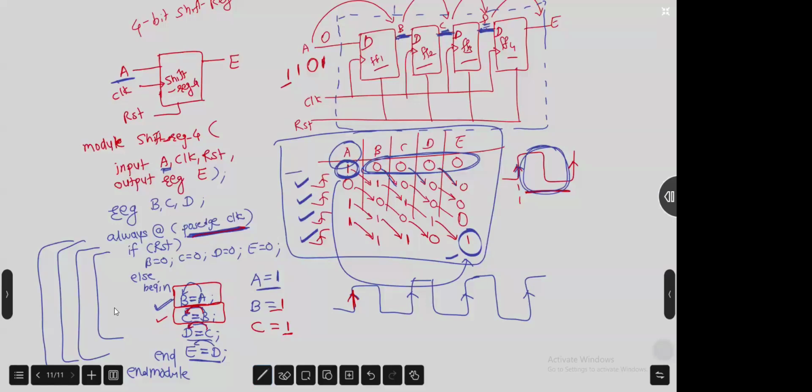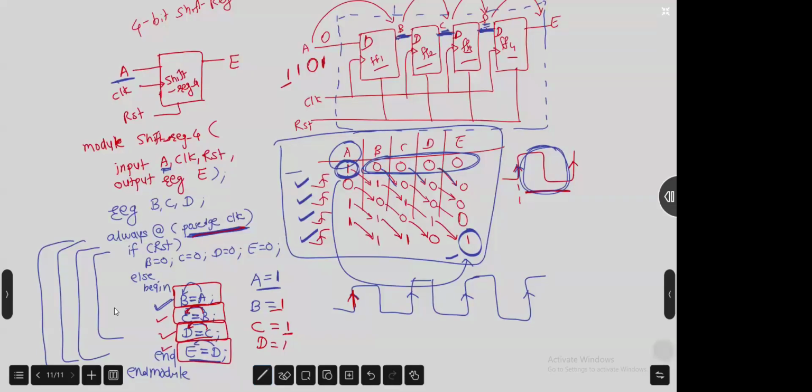After execution of the third statement, what is the value of d? 1. Very correct.